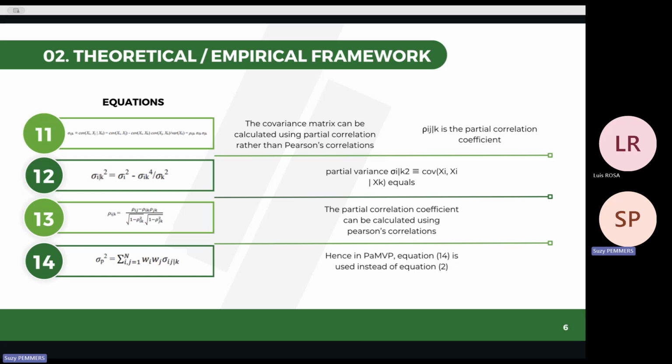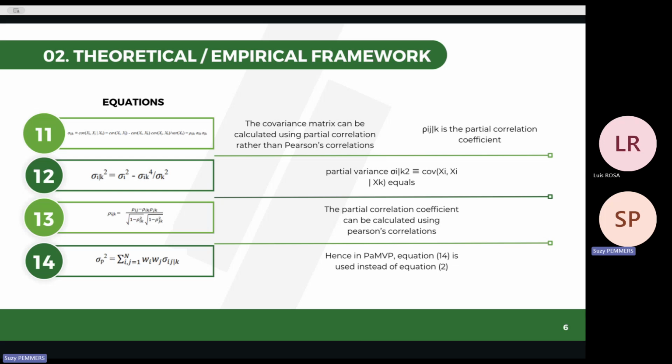After that, we have equations 11 to 14, which are the partial correlations, and those equations enhance diversification by replacing classical correlations with partial correlations, thereby refining the calculations of variance and risk.